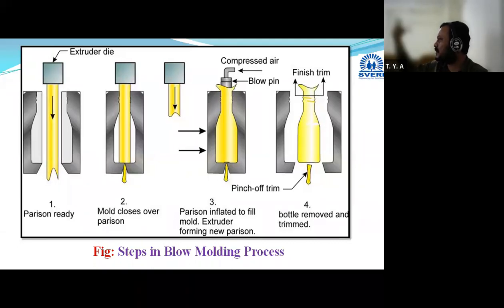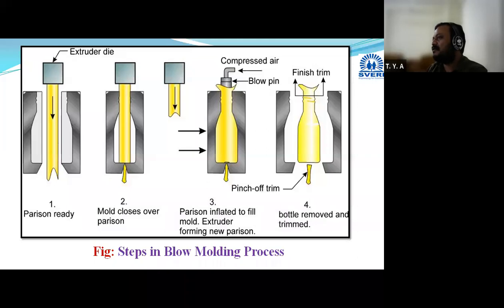We are taking that product out, and sometimes some extra material may get added. That extra material may be termed as pinch off or flash. It is nothing but some extra material added to your finished product, and sometimes it will require some finishing operation.